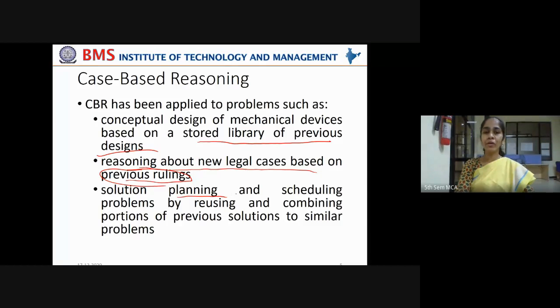It will also be used in solution planning and scheduling problems by reusing and combining portions of previous solutions to similar problems. Sometimes old solutions can't be used as is for the new problems. In such cases, part of the solutions can be taken and combined to form the new solution for the current problem. That can also be done.